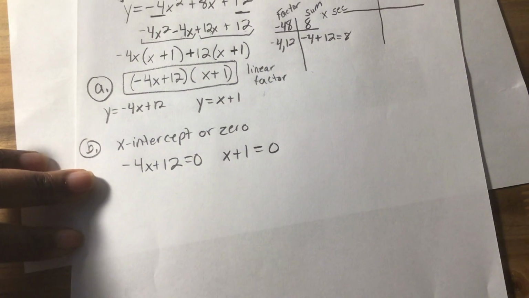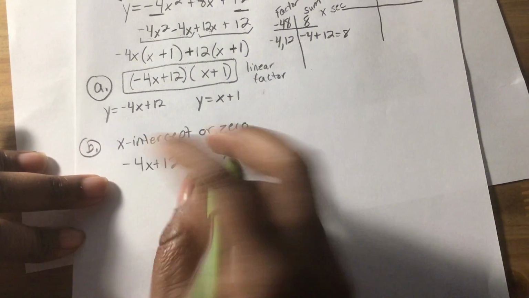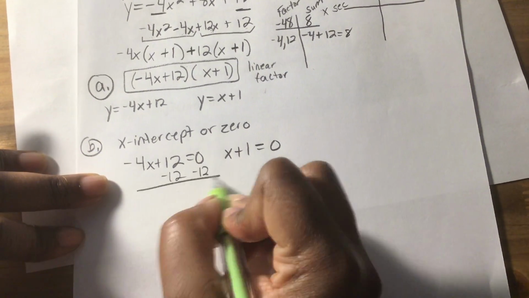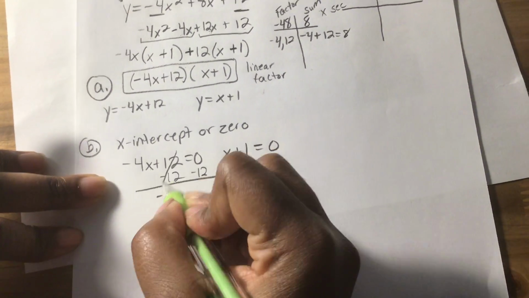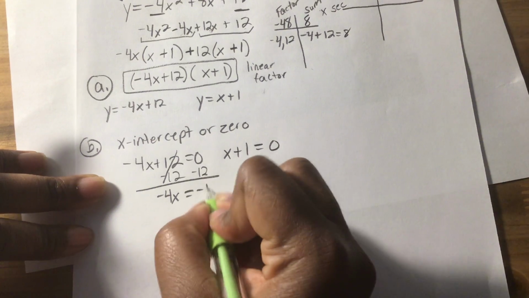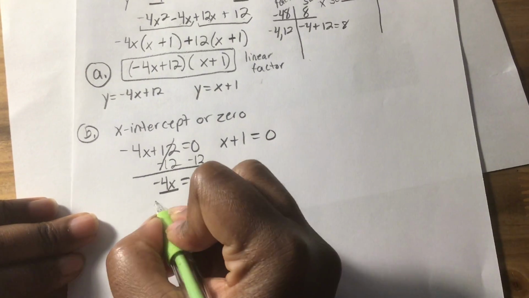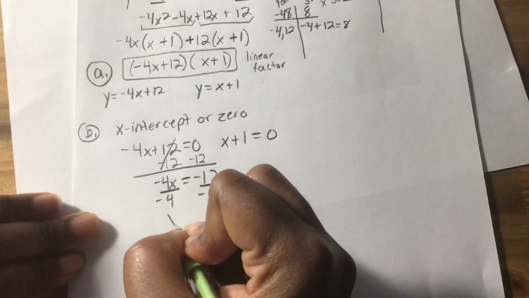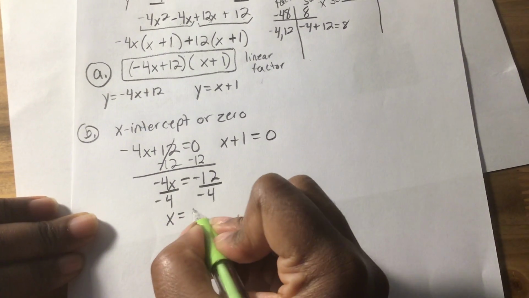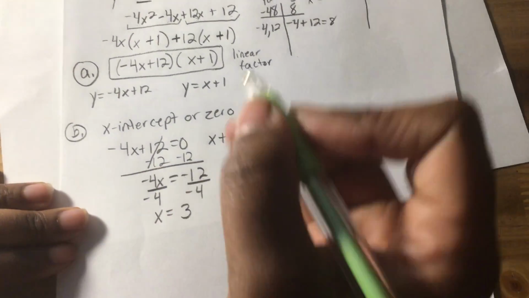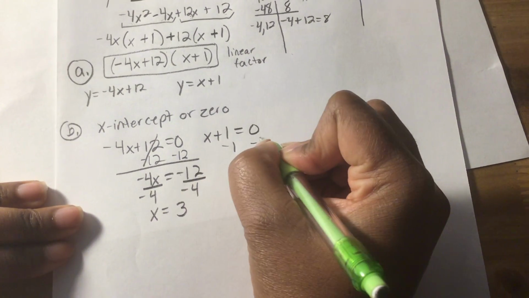All right, so when I do that, to get x by itself, I'm going to subtract 12 on both sides. This gives me negative 4x, because this is gone. This gives me negative 12. I'm going to divide both sides by negative 4, and x here gives me a positive 3. Negative divided by negative is a positive. Here, I'm going to subtract 1.